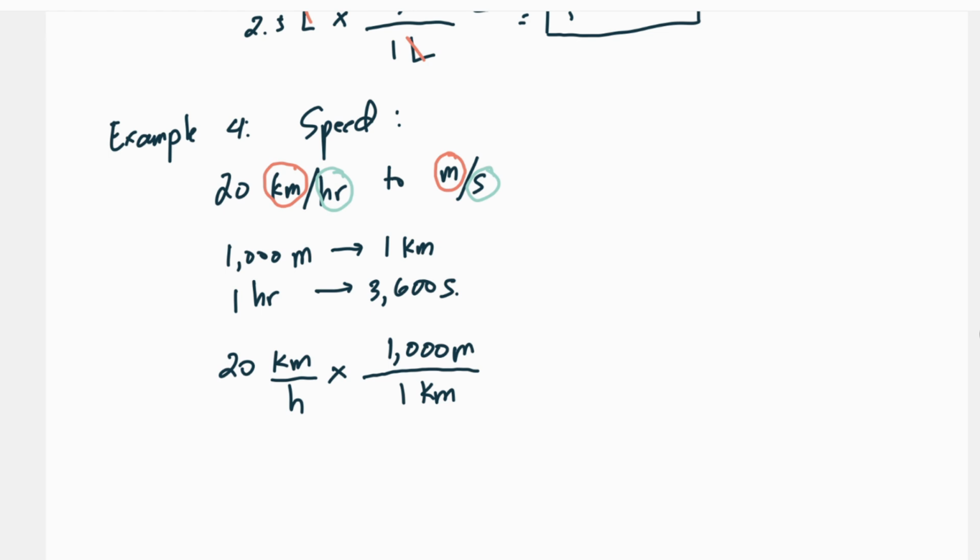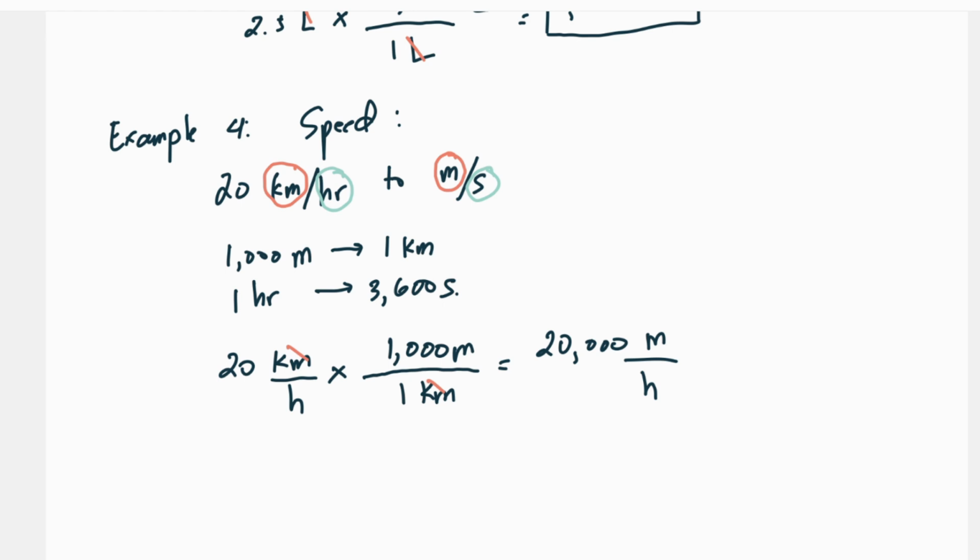And effectively, that will cancel our unit for kilometer. Okay? So, allow me to multiply this. 20 multiplied by 1,000 is of course equivalent to 20,000. So, this time, it will become meters per hour. Okay? So this becomes 20,000 meters per hour right now.